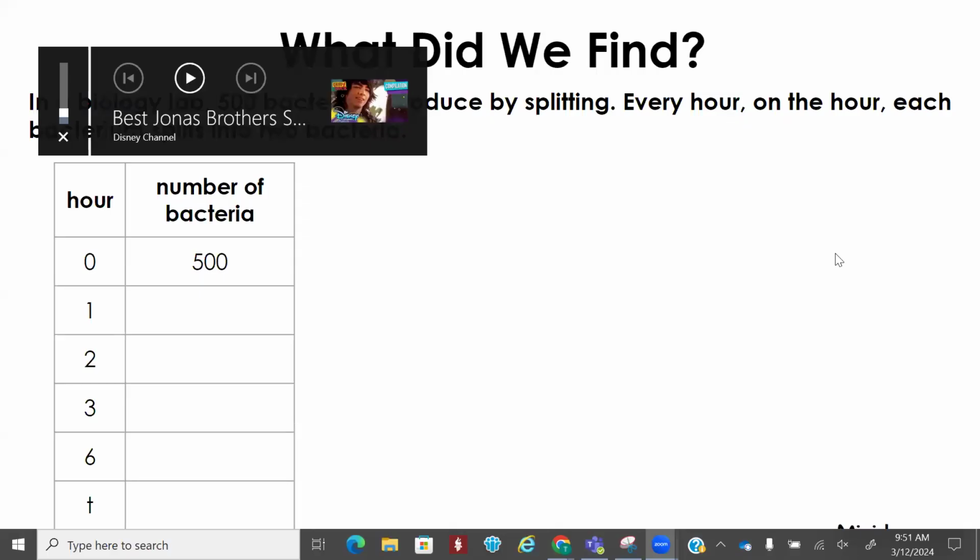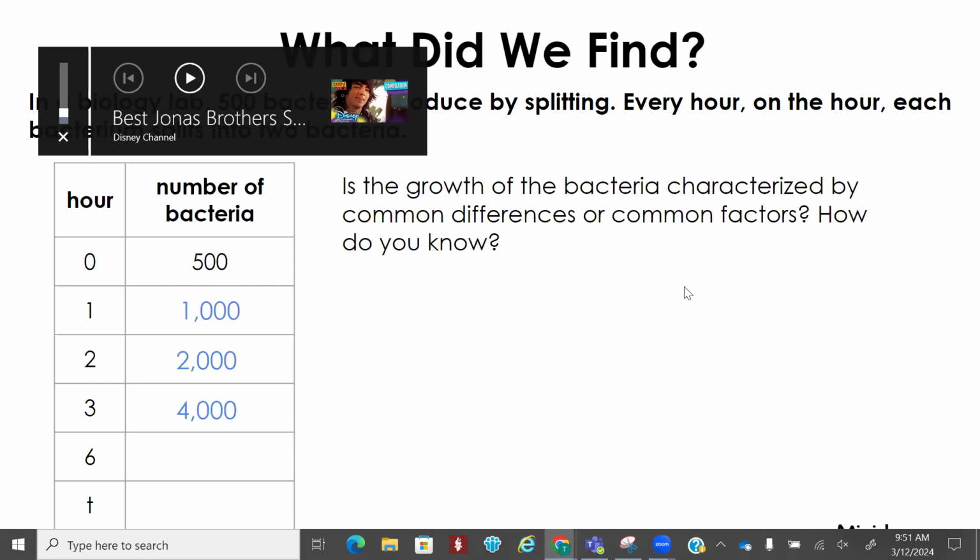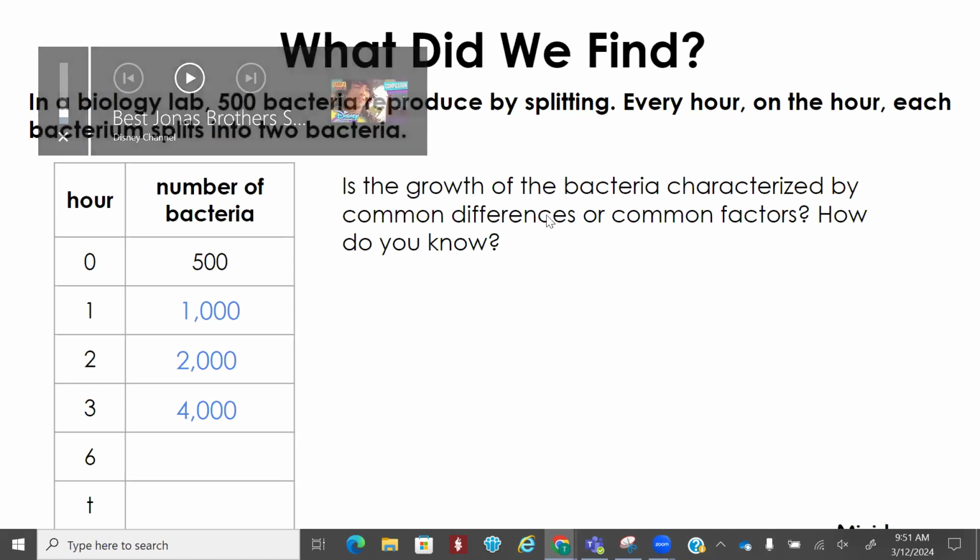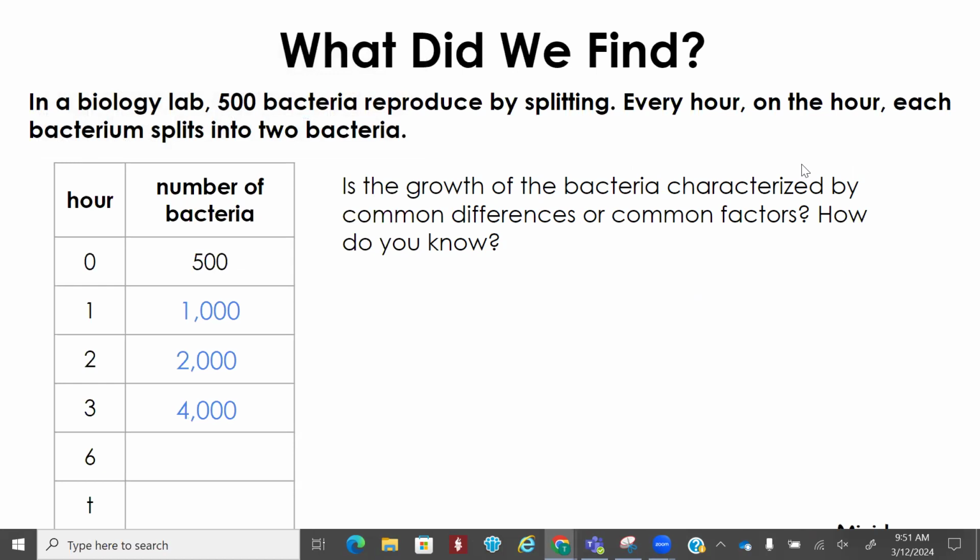Okay, notes. So you should have filled in this table, and it should have been 500, 1,000, 2,000, 4,000. So is the growth of the bacteria characterized by common differences or common factors? Here's 2 vocab words that you're going to see often. What is the word difference mean in math? Subtraction.